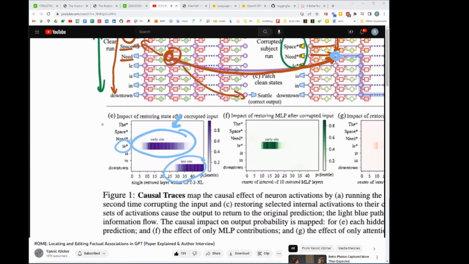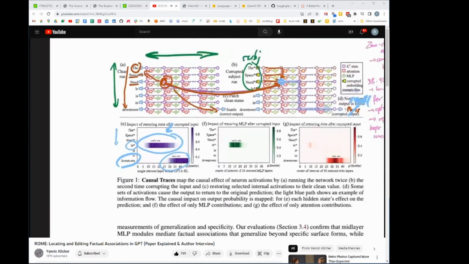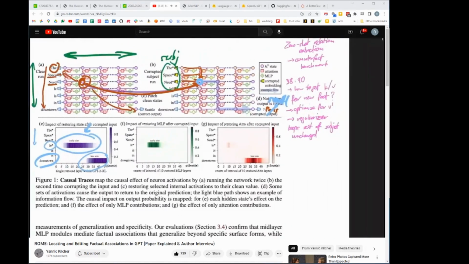After just consuming the subject, it doesn't know yet that I'm looking for a location that is in downtown something, yet it already has a lot of information about the location of the Space Needle that is associated with the output of Seattle.